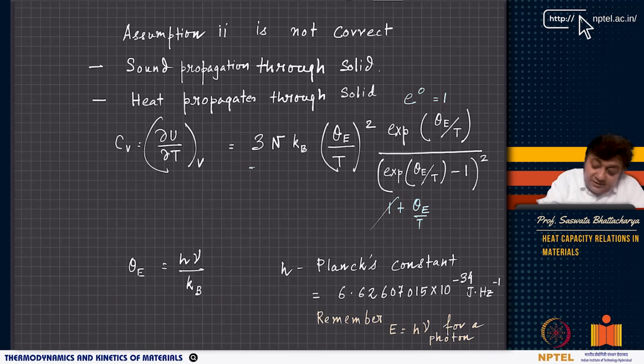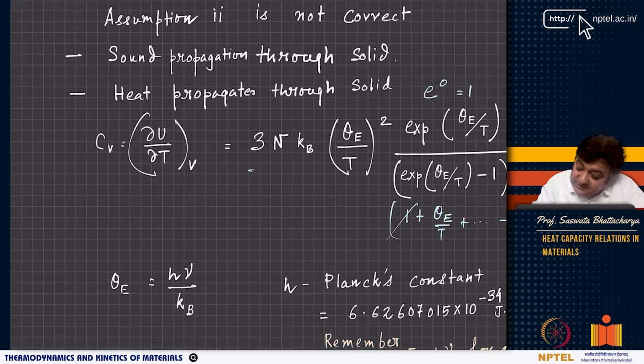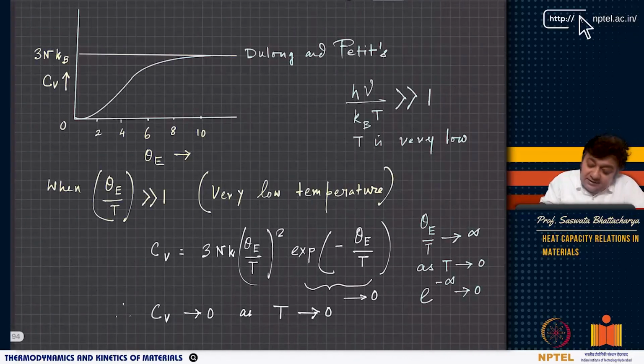So, you have in the denominator theta E by T, and here you have theta E by T whole square, and basically if you look at that, you will see this is theta E by T, and this whole square term is there. So, you get a theta E by T whole square in the denominator, theta E by T whole square in the numerator, and as a result these things cancel out and you get 3 nkB.